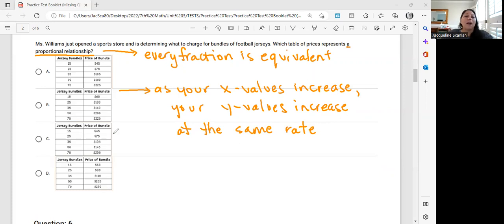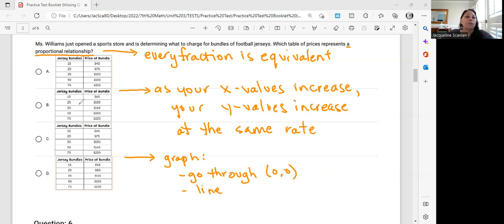Okay, and if we were to graph these, which I don't think is a very efficient way to solve this problem, but you could, remember visually, what you would see in a proportional relationship is that your graph would go through the origin, which is 0, 0, and it would make a line.